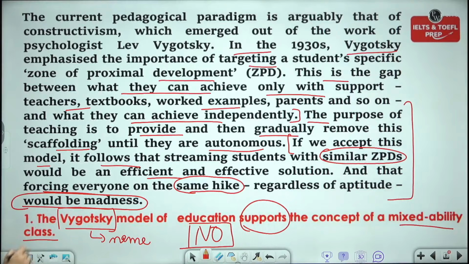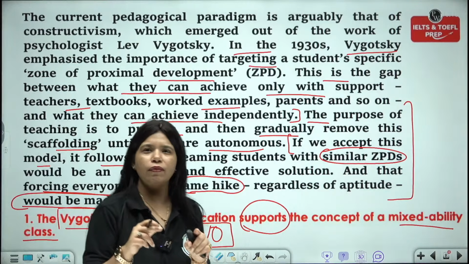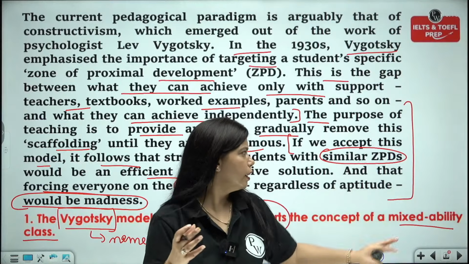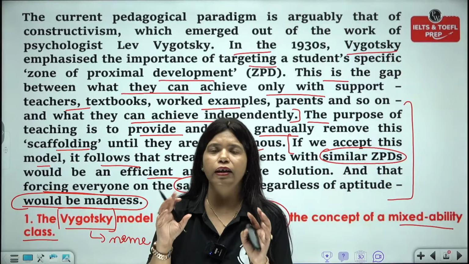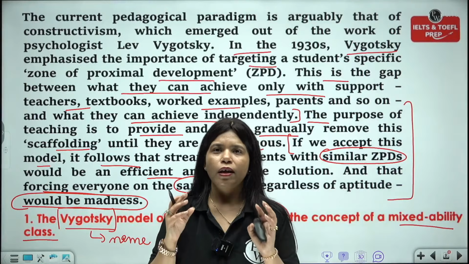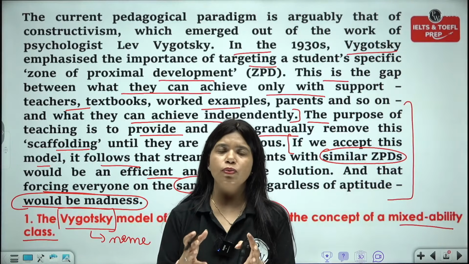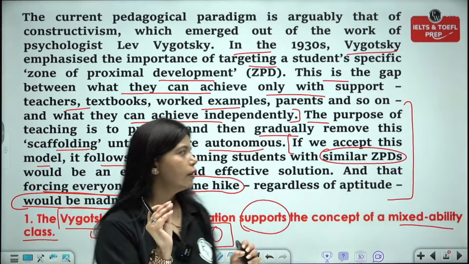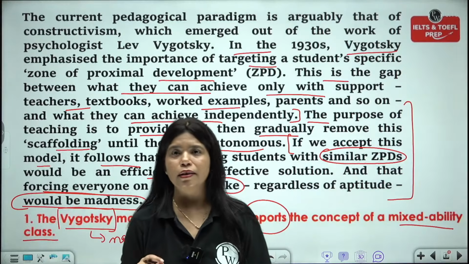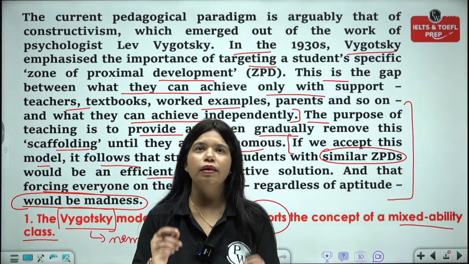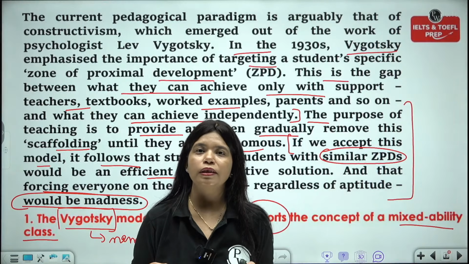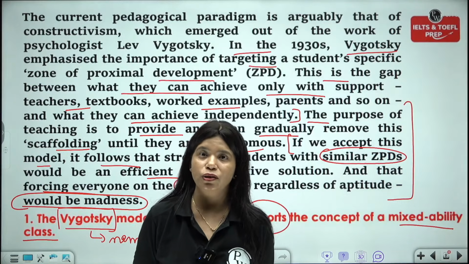So what they are saying over here is that forcing everyone, using same strategies on everyone, whatever their aptitude is, whatever their intelligence level is, whether they are highly intelligent, whether they are below average, if we are using the same strategies for all students, that would be madness. That means they are not in support of mixed ability class, and that is why our answer here very clearly is no. Yes, the language is advanced, but this is how IELTS reading is going to be.